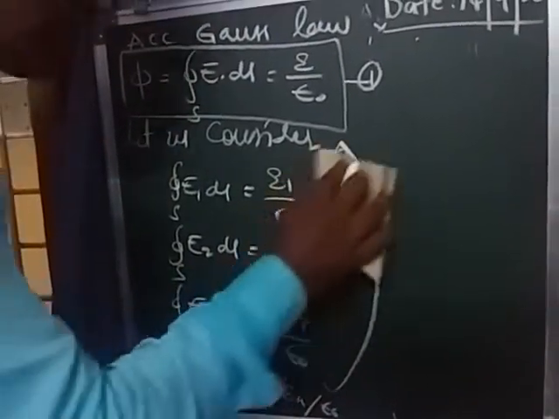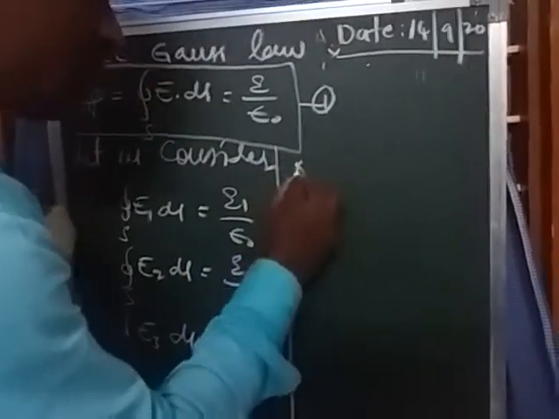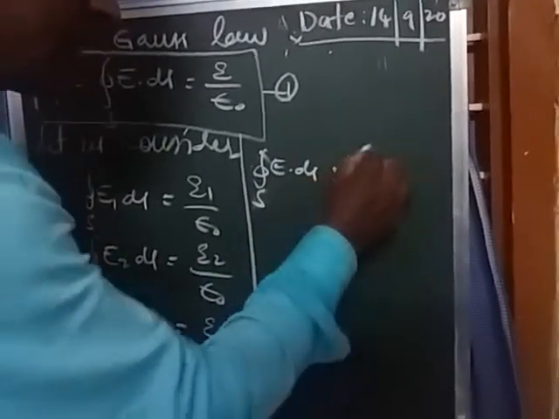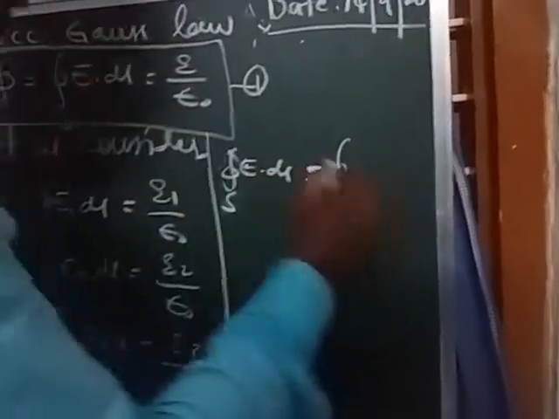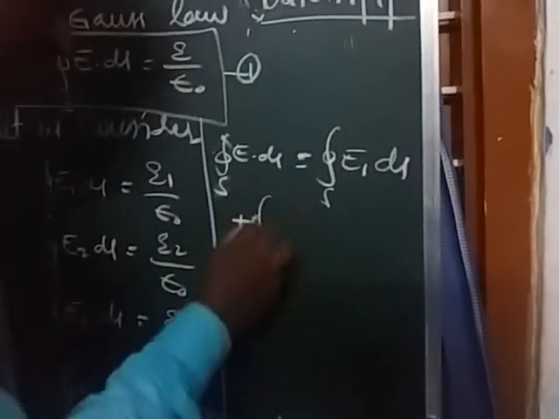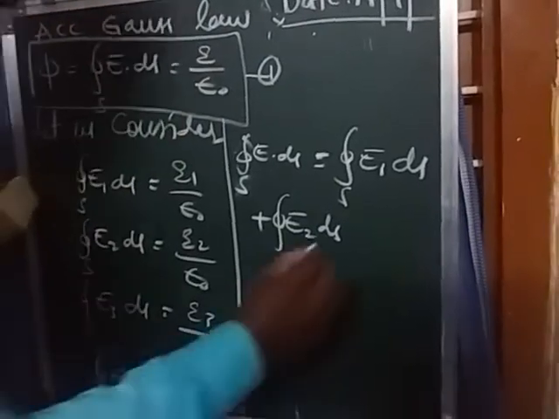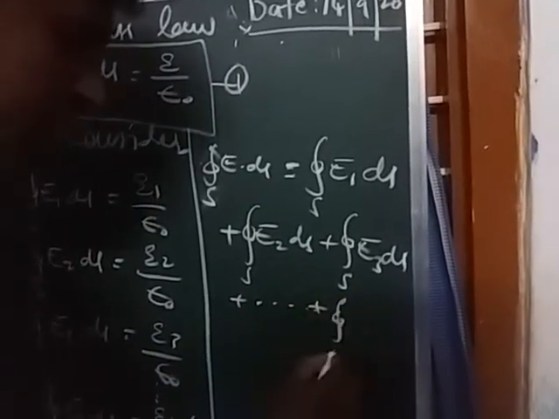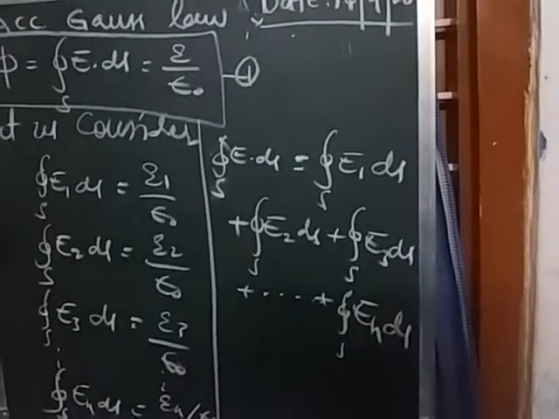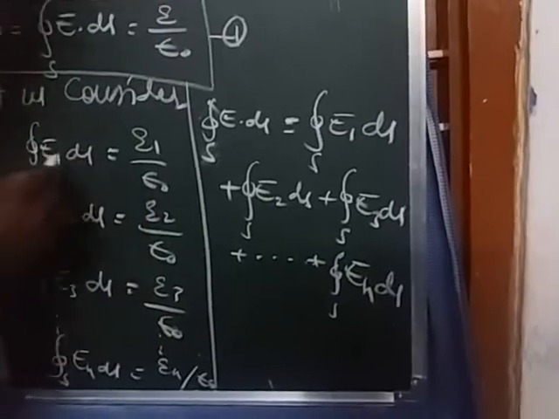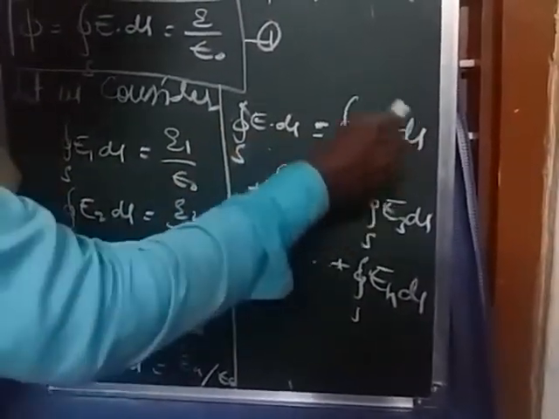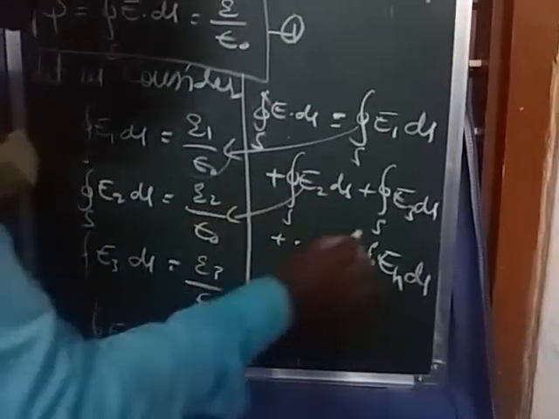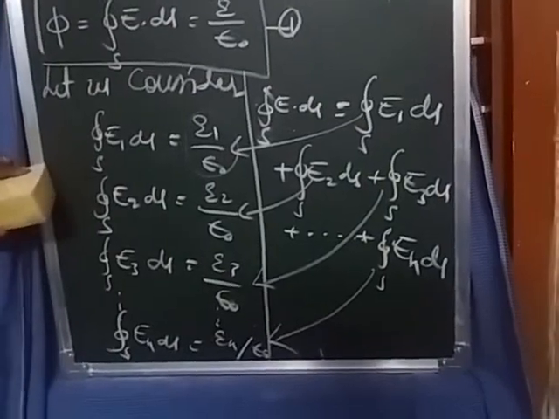So when substituted, we can write the surface integral over S of E dot dS equal to the surface integral of E1 dS plus the surface integral of E2 dS plus the surface integral of E3 dS, and so on, plus the surface integral of En dS. Now, students, the integral of E1 dS is indicated by Q1 by epsilon naught, the next by Q2 by epsilon naught, and likewise the last by Qn by epsilon naught.